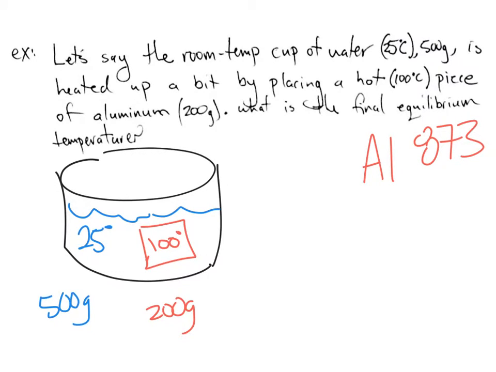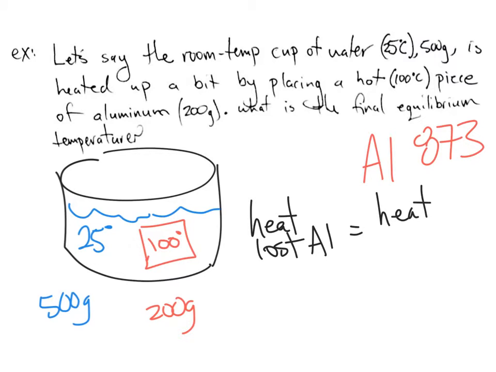So here's what happens: when the hot piece of aluminum is put into the water, it's going to lose heat and the water is going to gain heat. So we can say something like this: the heat lost by aluminum equals the heat gained by the water.